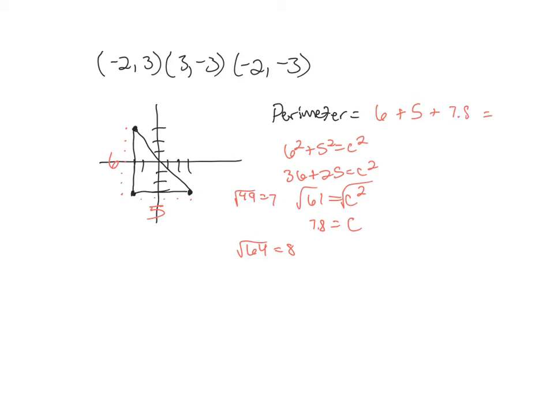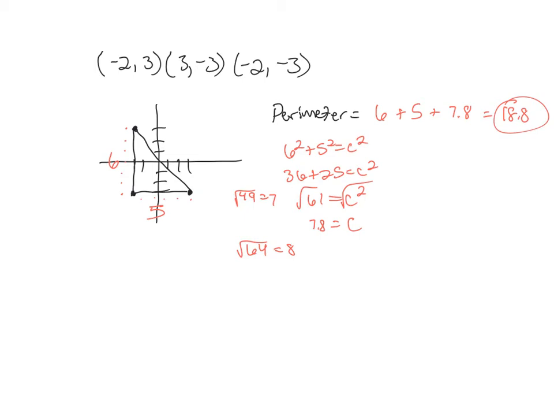Again, if you're off by just a point, you're good. Alright, so 11 and 7 is 18.8. Okay, so there would be perimeter. Sorry about the calculation error there.